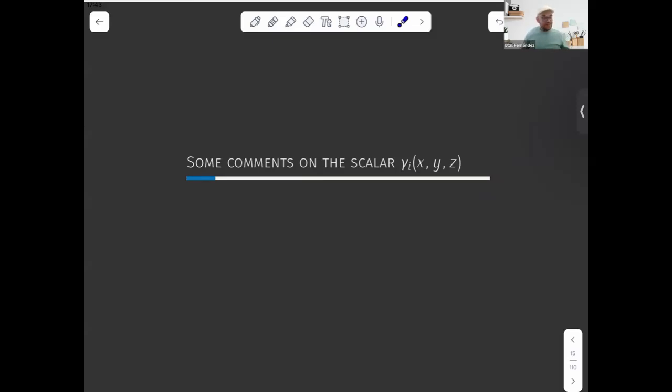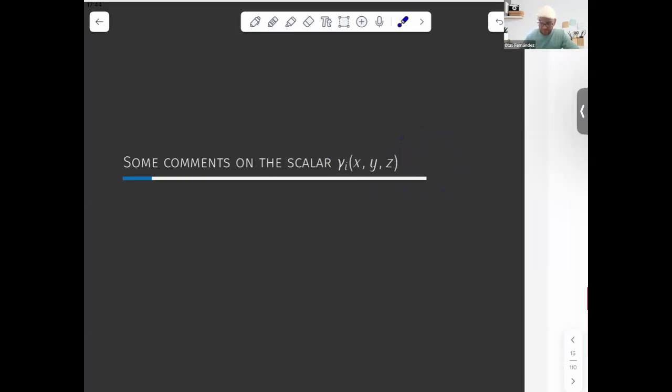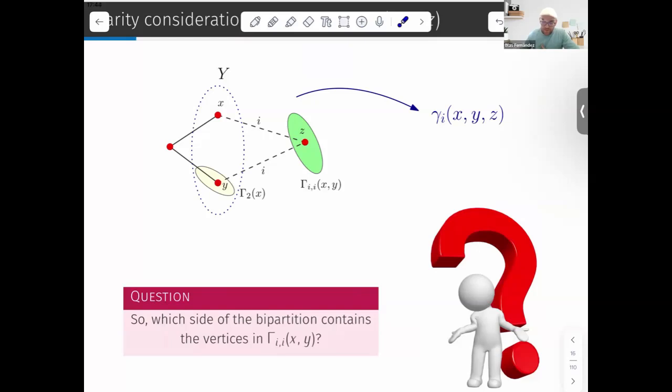So first, let's make some comments about our scalar gamma i in order to produce some examples. Remember that we have our partition Y, we pick a vertex x in Y, another one at distance 2 from x, and now we consider all vertices which are at distance i from both x and y. Since our graph is bipartite, we may wonder where this set is.